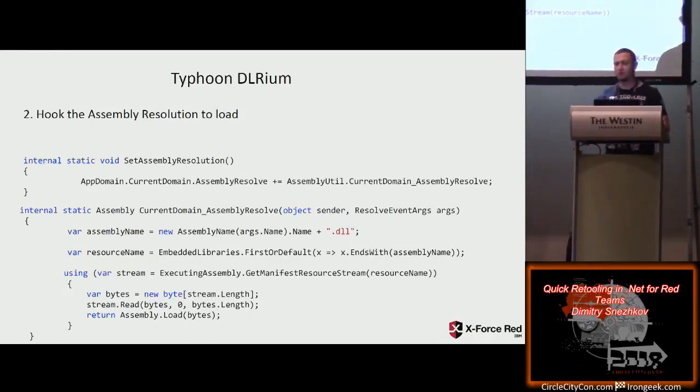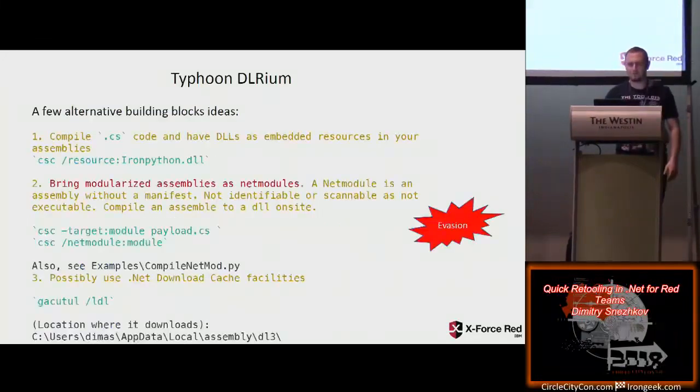Okay, don't look on the file system, don't look on the network, go look in my resources. So I load IronPython.dll from my resources within the executable, which is really powerful, right? Because if defense is looking for a specific IronPython.dll, they will not find it, because it's going to be inside of typhoon.exe, and as long as you don't have whitelisting for typhoon.exe, then you should be good.